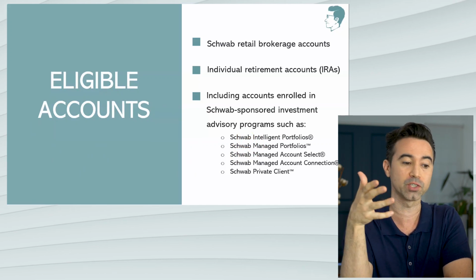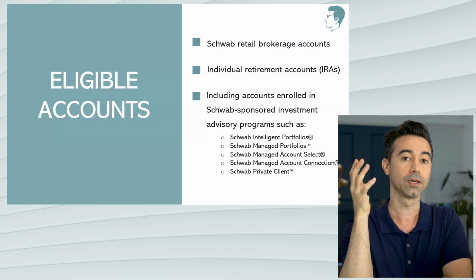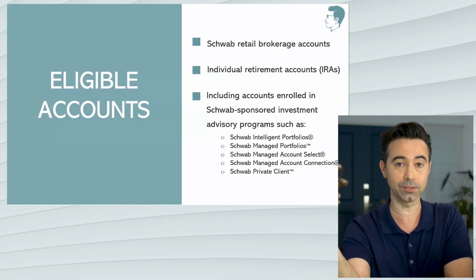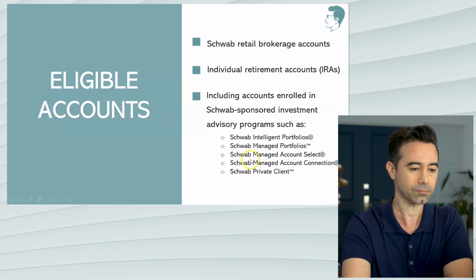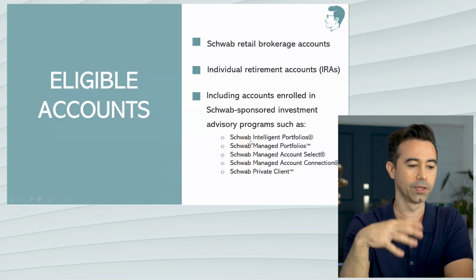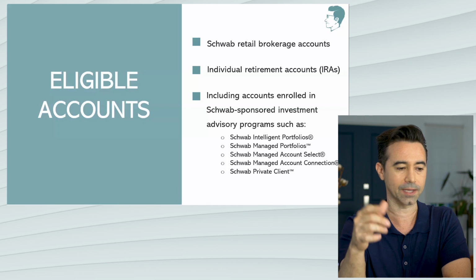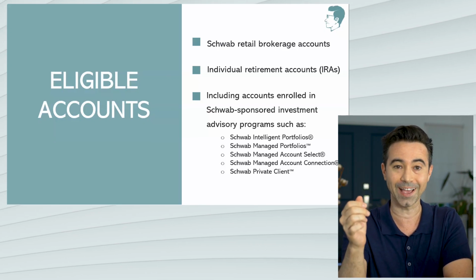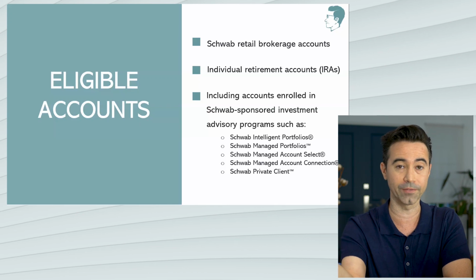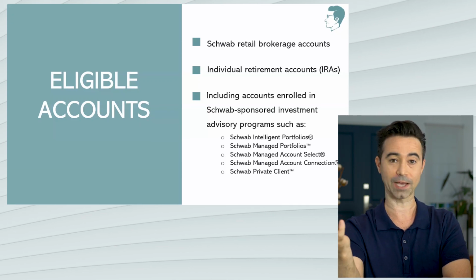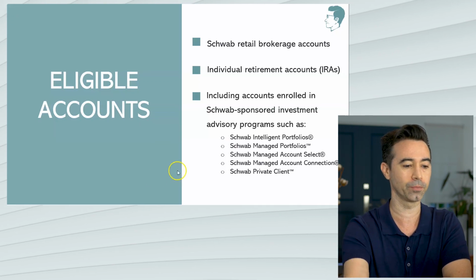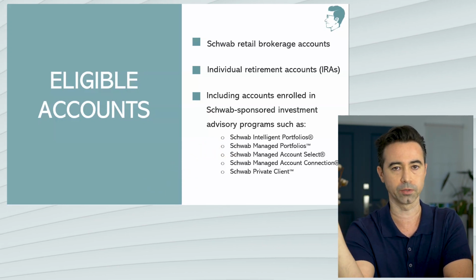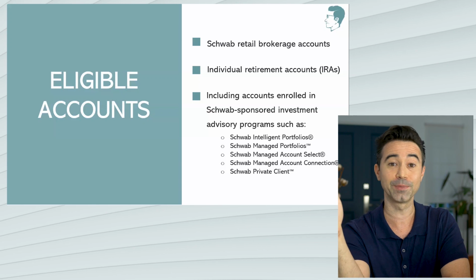If you have a Schwab Intelligent Portfolios account, which is a robo-advisor, then it actually will qualify, so that's great. If you have a managed portfolio, Schwab Managed Account Select, Schwab Managed Account Connection, and Schwab Private Client. So even if you use Schwab Private Client, you actually will be eligible for this, which is kind of cool. Now, if you're just looking to open up a regular brokerage account or an IRA, you're going to be good.